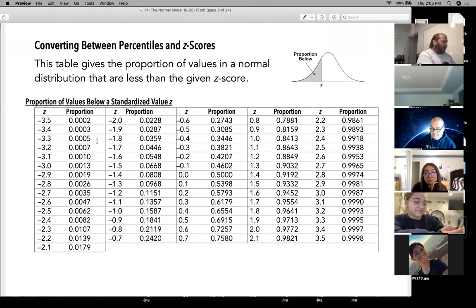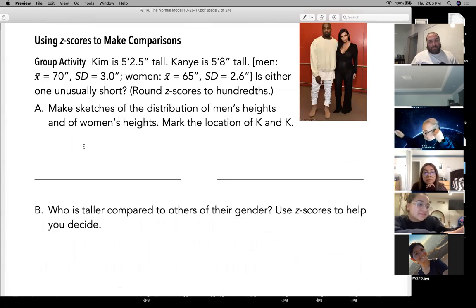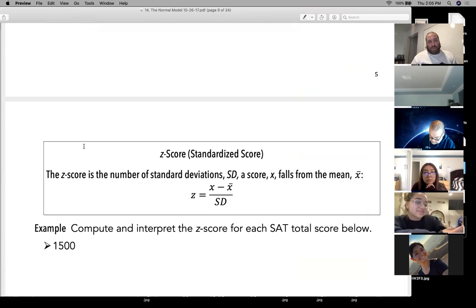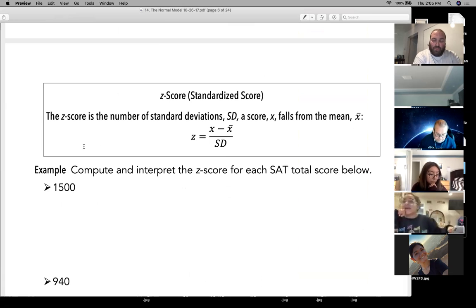Converting between percentiles and scores, and z-scores. Let's recap a little bit. We talked about z-scores. We have a formula here for a z-score. What does a z-score do? A z-score essentially tells us how many standard deviations above or beneath the mean we fall.